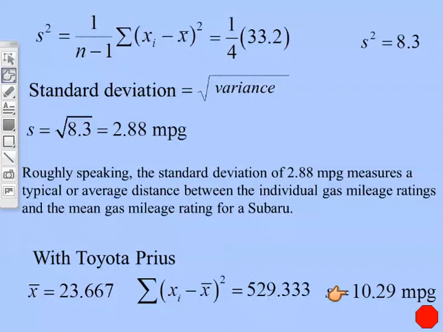It means that the Toyota Prius has a much flatter graph, even though the X bar is higher. And the Subaru is a little bit steeper graph because they're a little bit tighter bunched around that 19.6 number. That's what these are all about.